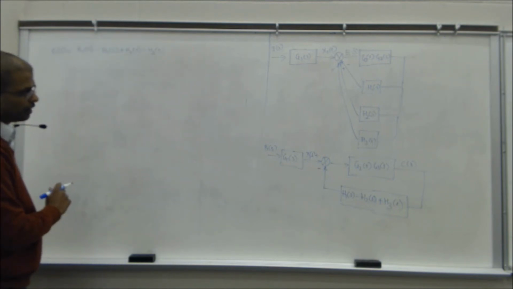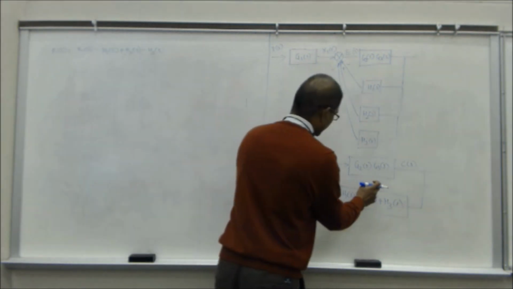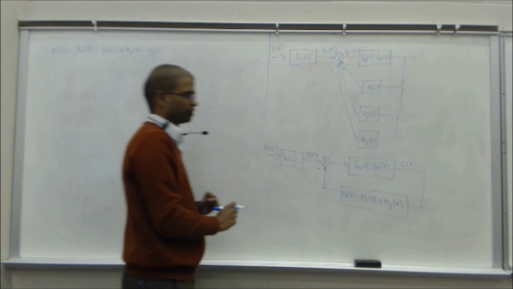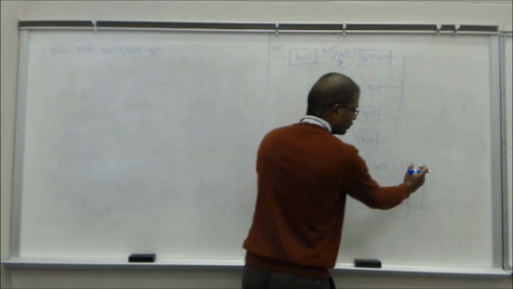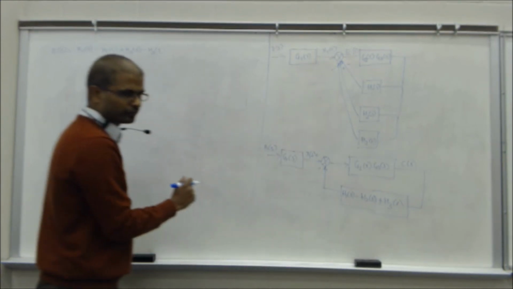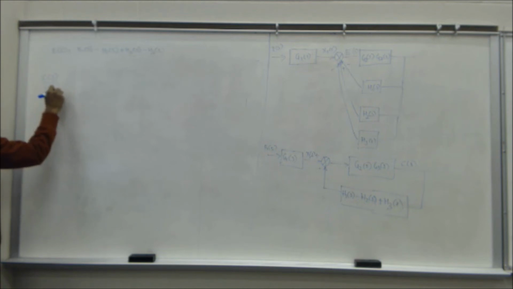Now you're looking at x1 of s into C of s. So this is a feedback system. You see that x1 of s, C of s. C of s over x1 of s is equal to what?